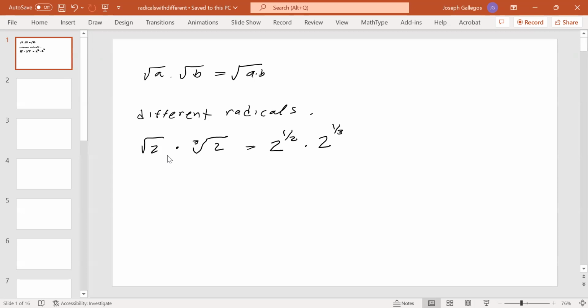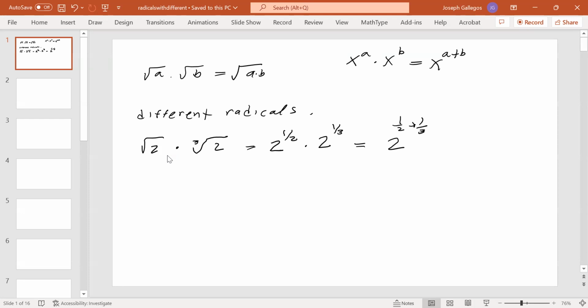And so if we multiply things that have the same base, we're using the property of exponents that says x to the a multiplied by x to the b is equal to x to the a plus b. So if they have the same base, we keep the bases the same, and then we add their exponents. And so this is going to resolve as 2, and then we add the exponents 1/2 plus 1/3.